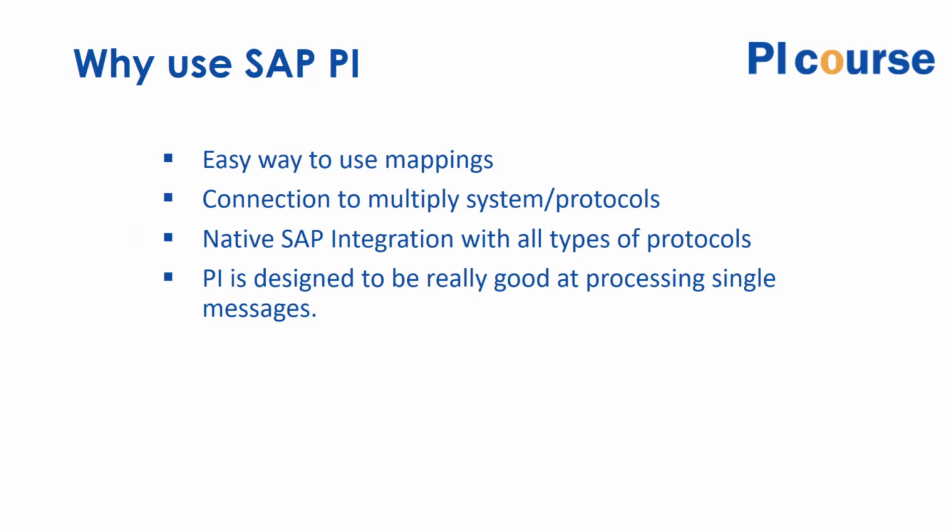So why do you want to use SAP PI? One of the cool things about it is it's easy to do mappings. You got a good overview about the source document and the target document, and you have a graphical mapping tool that allows you to connect these things together so they're easy to use.